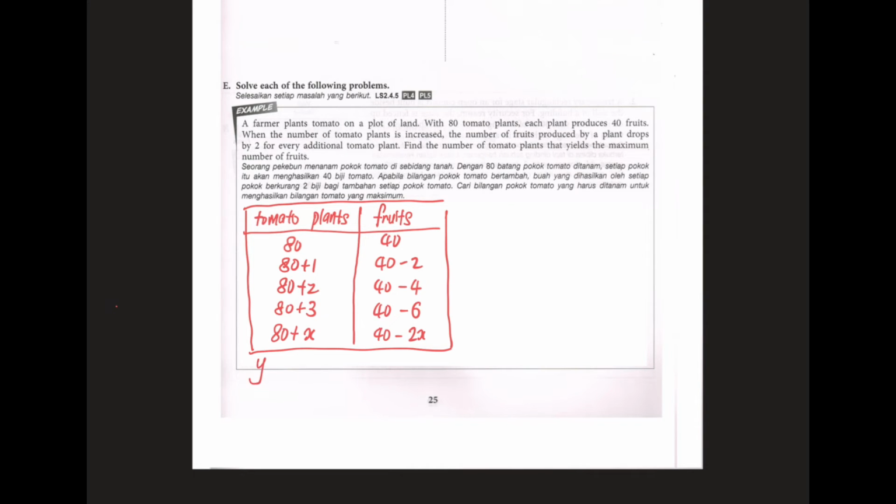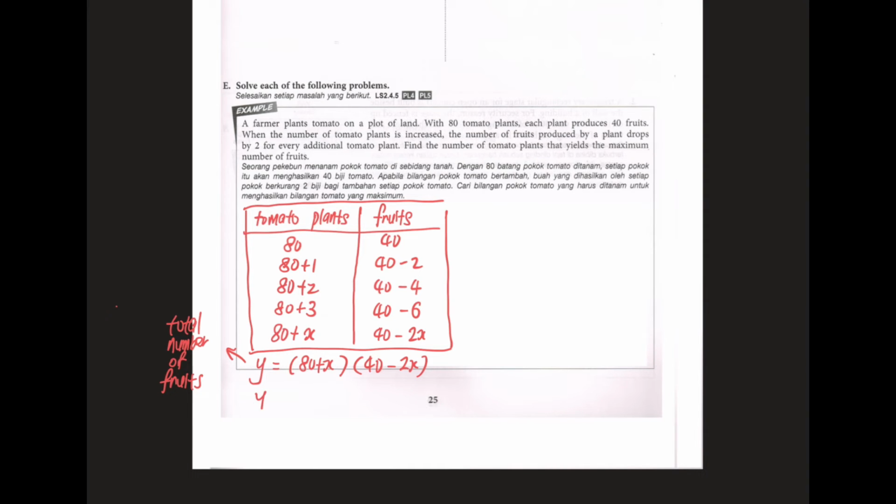So y equals (80 plus x)(40 minus 2x). So the y is the total number of fruits. Okay, so we can form the quadratic equation by using this way.